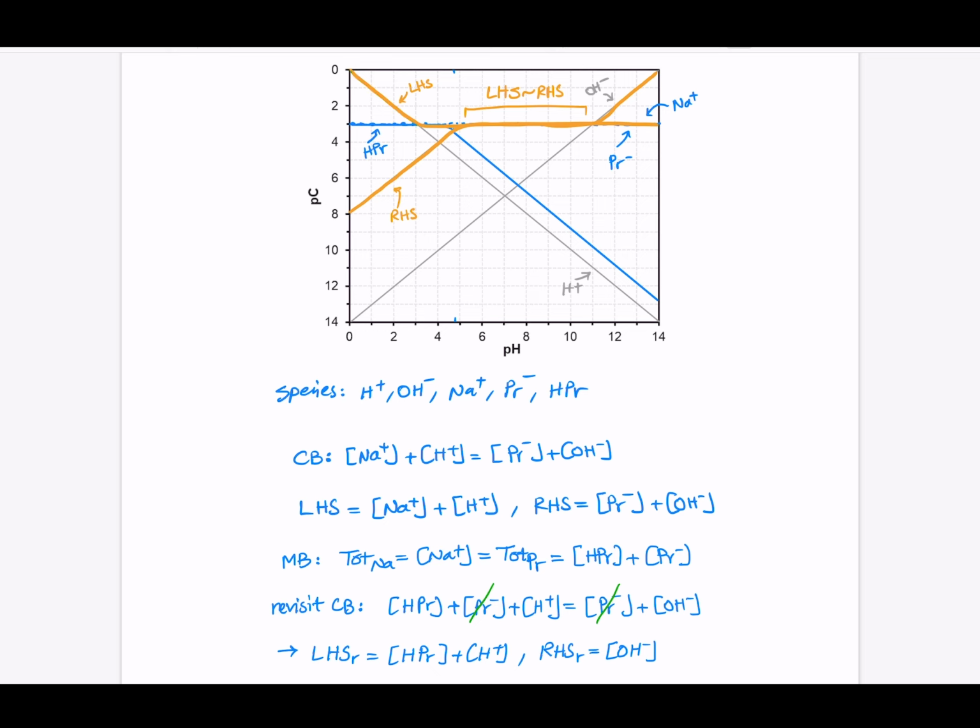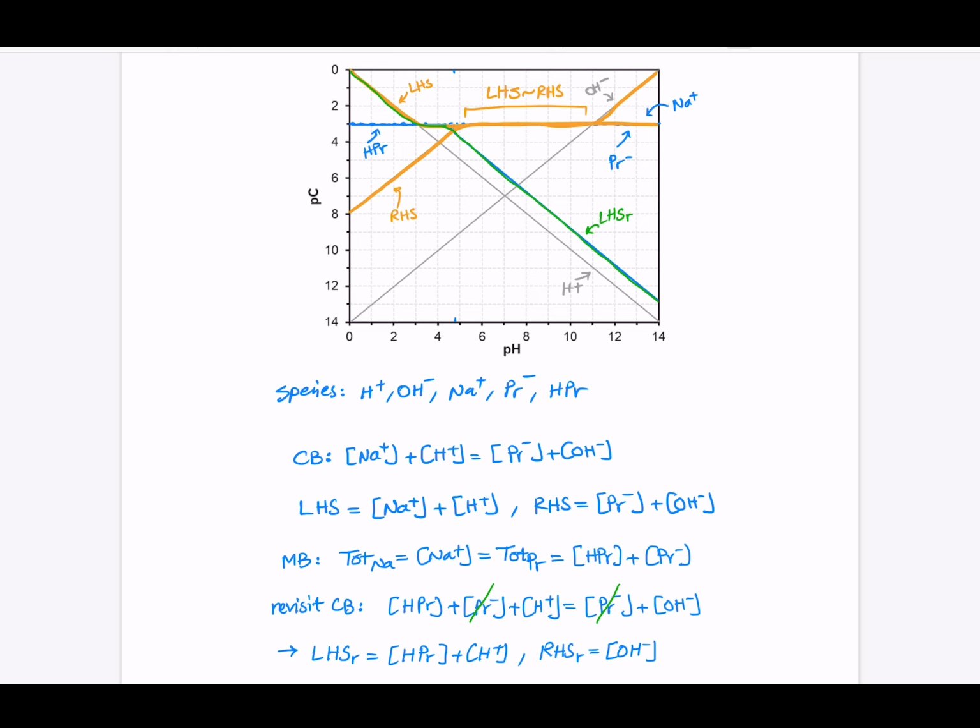One more time. The first part, the H plus is bigger. Now the HPR is bigger. So see, this is HPR, and this is H plus. So now this is bigger, and then continue with HPR being bigger. So this is revisited LHS.